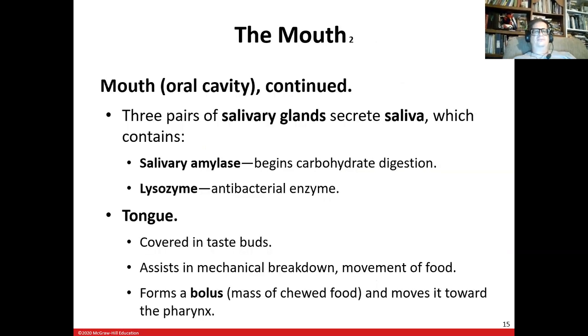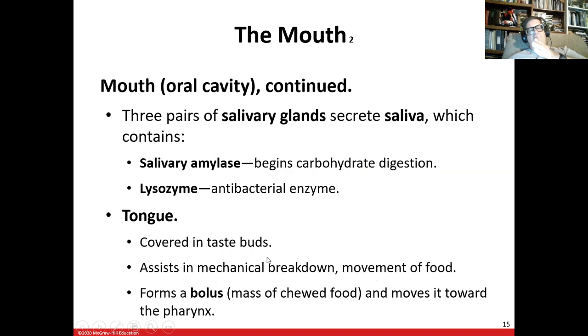All right, so we've got three pairs of salivary glands, and they make saliva. And saliva has salivary amylase, which helps to break down carbohydrates, and it has lysozyme, which helps to kill bacteria. Great. The tongue is covered in taste buds, and it mixes the food.